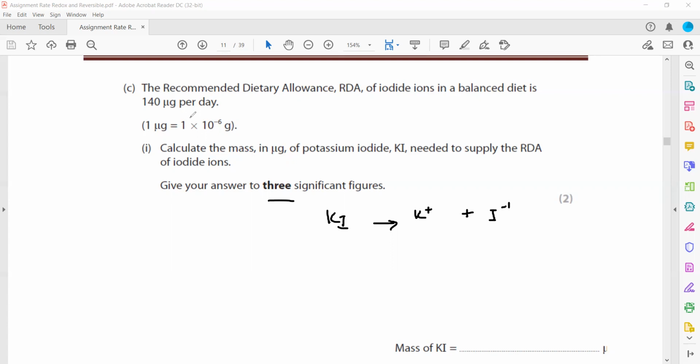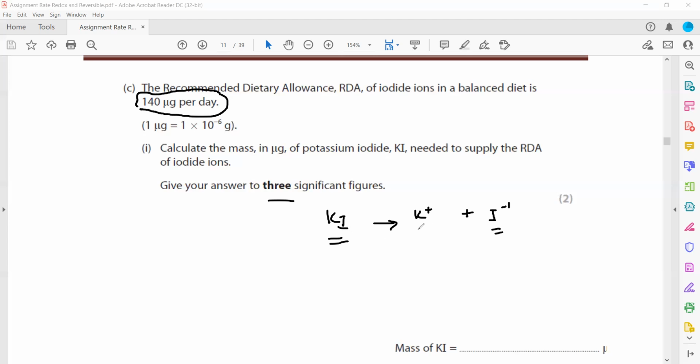As I mentioned here, this is what we need every day: 140 microgram. And we have to calculate the mass in microgram of potassium iodide that is needed to supply the iodine. So 1 iodine is basically provided by 1 potassium iodide.